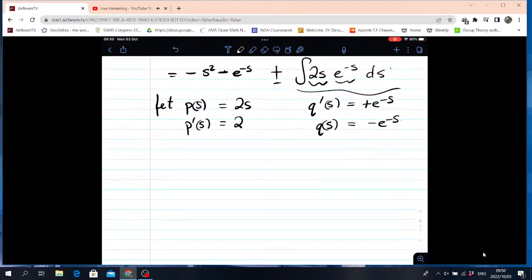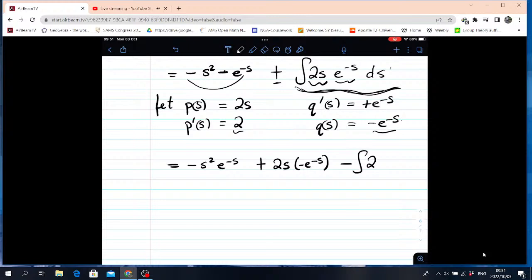And then again we use our integration by parts. So I'm not going to do this separately, I'm just going to do it combined. So I start with minus s squared e to the minus s, plus we do the integration by parts of that. So 2s times minus e to the minus s, minus 2 times minus e to the minus s ds.